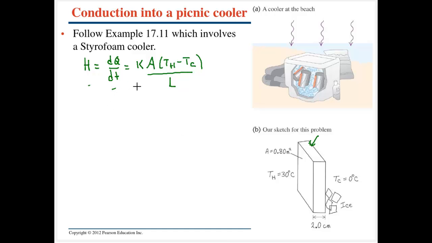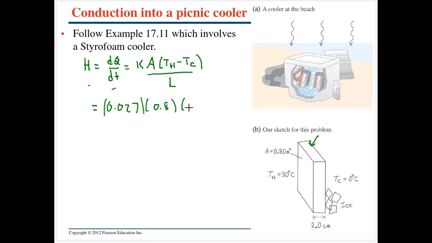So I've written the heat flow equation from the last slide simply to save me a little bit of time. We can look up that the thermal conductivity of styrofoam is going to be 0.027 watts per meter Kelvin. I know that the surface area is going to be 0.8 square meters.